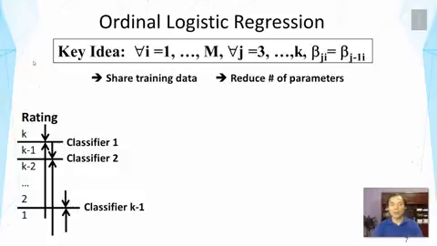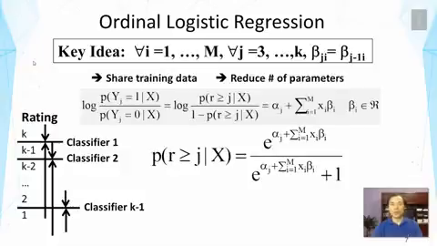We have more data to help us choose a good beta value. So what's the consequence? The formula would look very similar to what you have seen before, only that now the beta parameter has just one index that corresponds to the feature. It no longer has the other index that corresponds to the level of rating. So we tied them together, and there's only one set of beta values for all the classifiers.